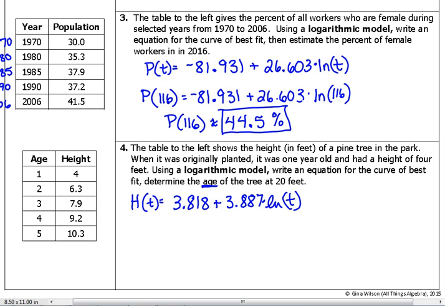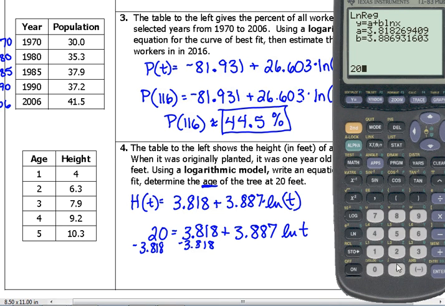No, 20 feet is not a time, so that must mean that our equation is equal to 20. Now, we can do it graphically like we did just a second ago, or we can solve this by getting the natural log by itself. So I'm going to do it mathematically or algebraically because it's quicker.